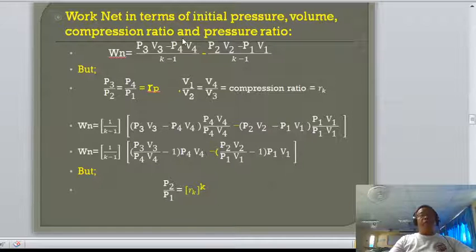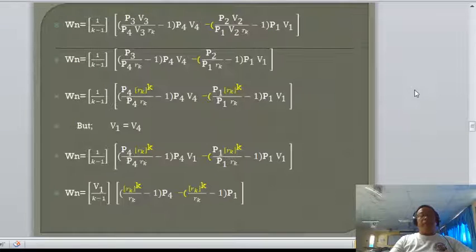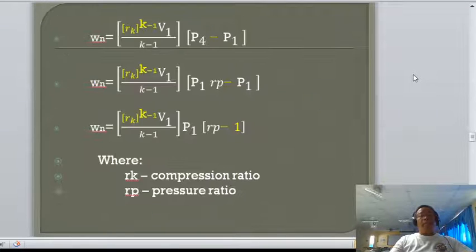So, substituting now the pressure ratio and the compression ratio for the net work, and then eliminating those parameters which are not needed, we'll notice that the net work in terms of pressure ratio, initial volume, initial pressure, and compression ratio is this.